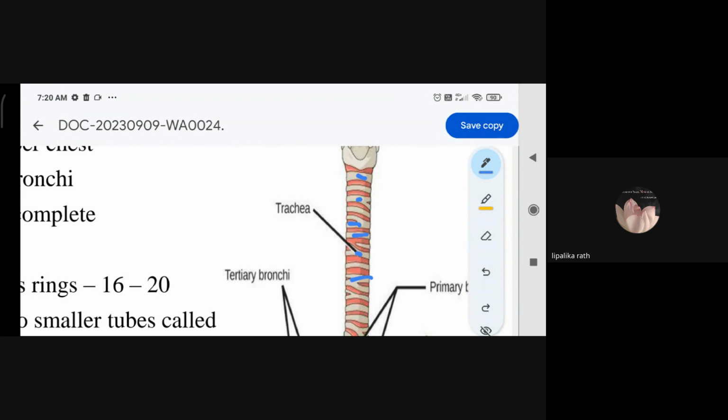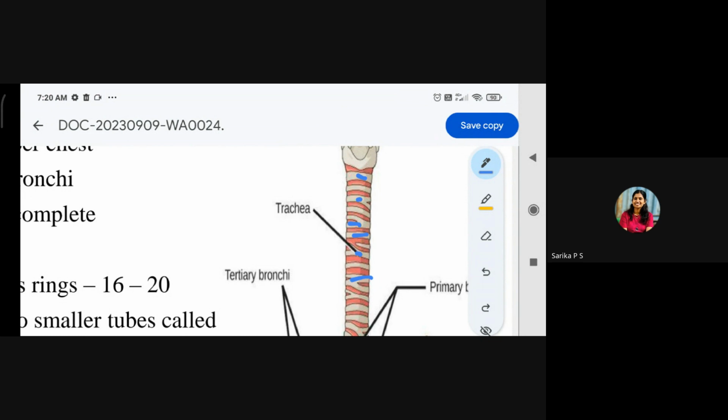And why are they C-shaped? Can you please tell me? With your common sense, or if you know, why are these cartilages C-shaped? Maybe to allow expansion of muscles. Mm.